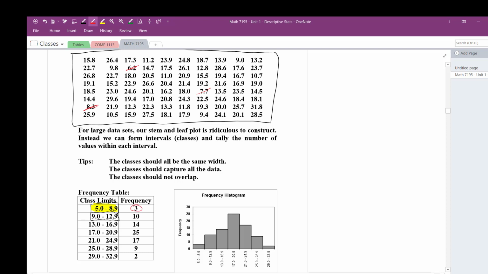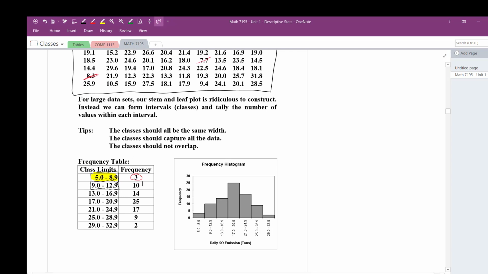And then you continue on and do it for how many values are between 9 and 12.9. Trust me, there are 10. Luckily for us, software will do these counts for us, so we're not likely to make many mistakes. So if we add up all these frequencies here, we should have a total of 80.